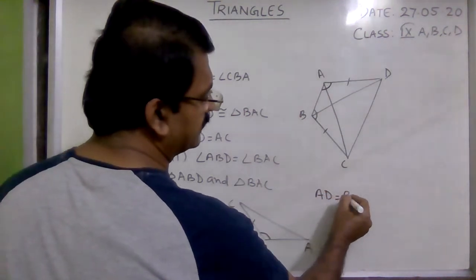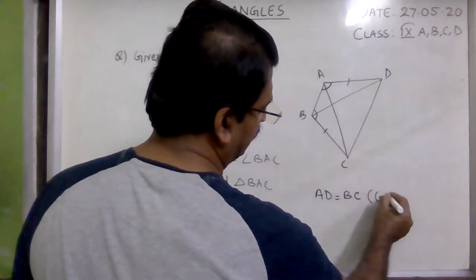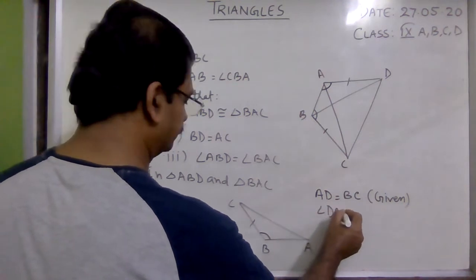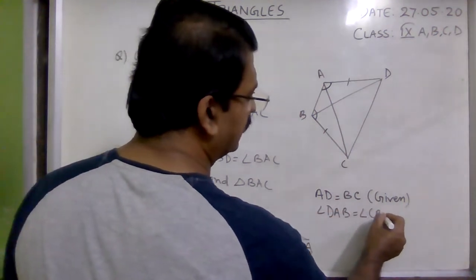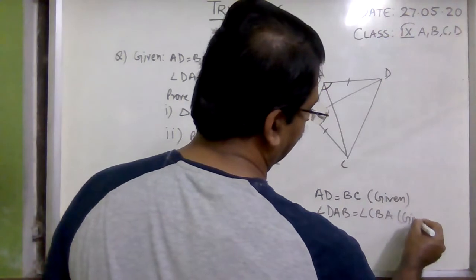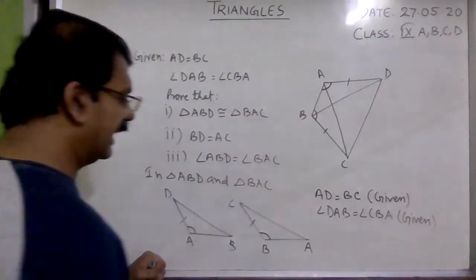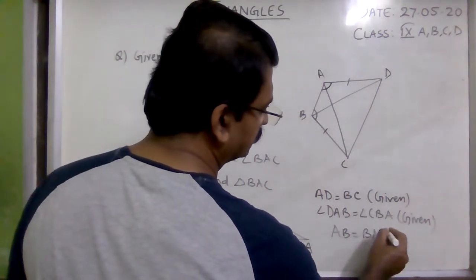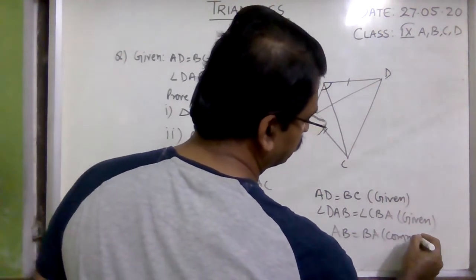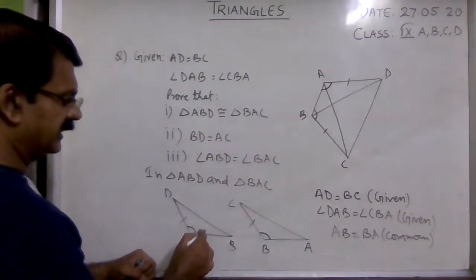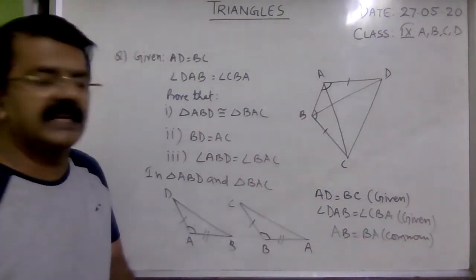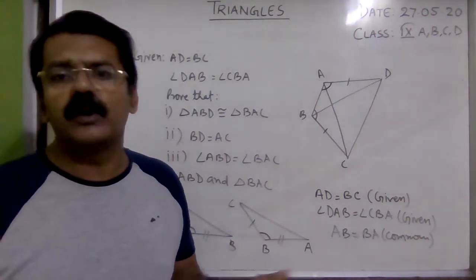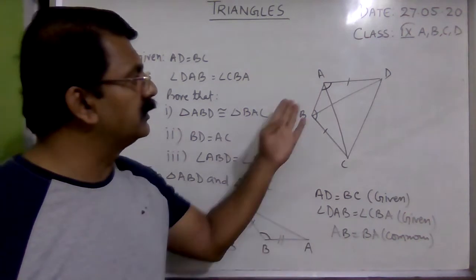Now you write AD is equal to BC, reason it is given. Then angle DAB is equal to angle CBA, reason it is also given. And you see AB is equal to BA because it is common. This AB and this BA are common to both the triangles. Whether AB or BA, it is the same, and it is common to both the triangles.